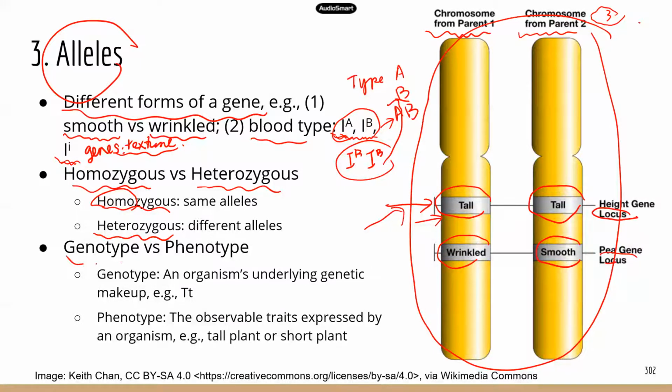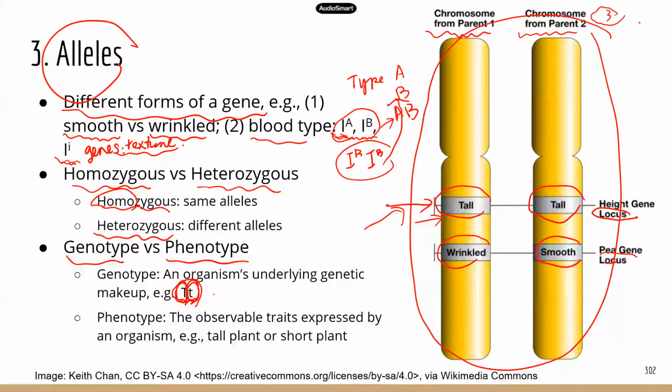Now, move on to genotype and phenotype. Genotype is really about an organism's genetic makeup. Okay? Usually, this refers to what exactly alleles you have. For example, here, this individual has a big T, little t. Some of you may already know that an uppercase letter indicates a dominant allele and a lowercase letter indicates a recessive allele.